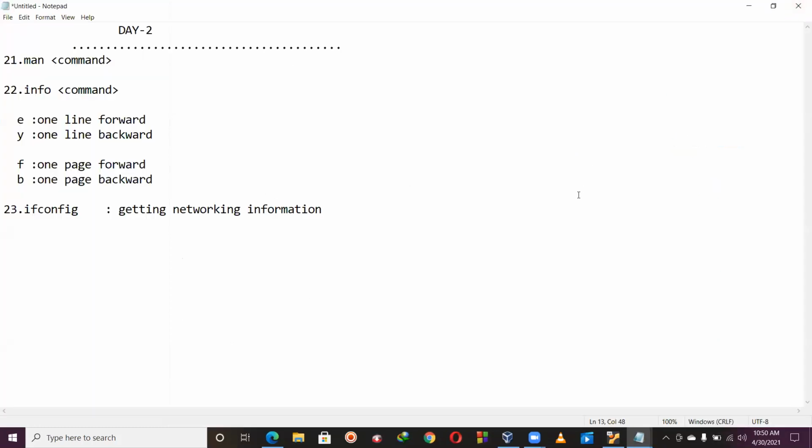What is the equivalent in the Windows, in the DOS operating system? In DOS you have ipconfig, but in Linux we have ifconfig.